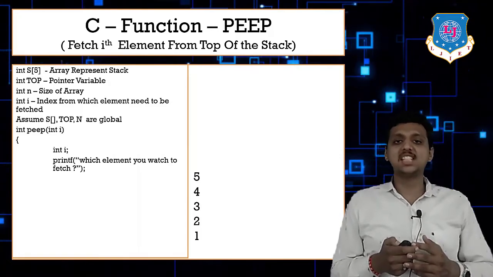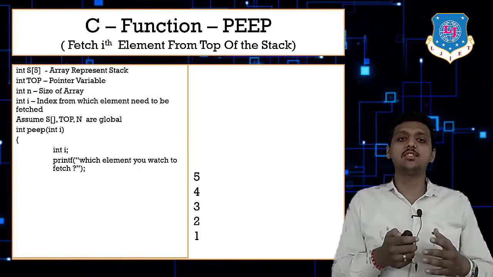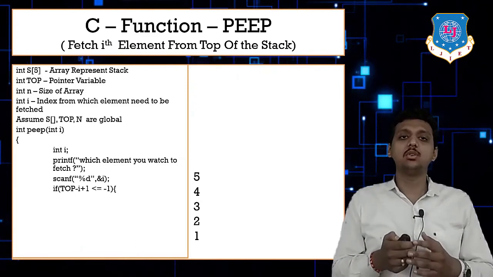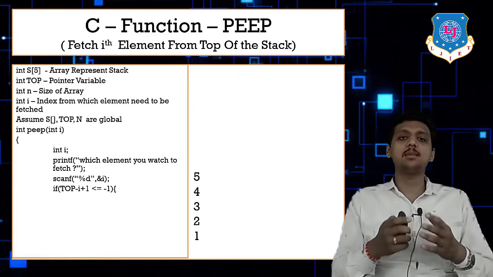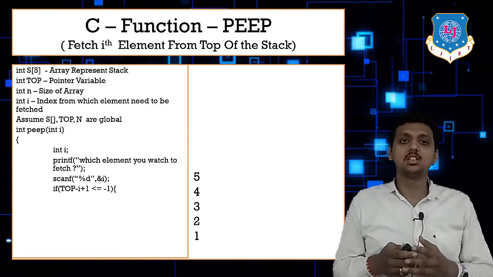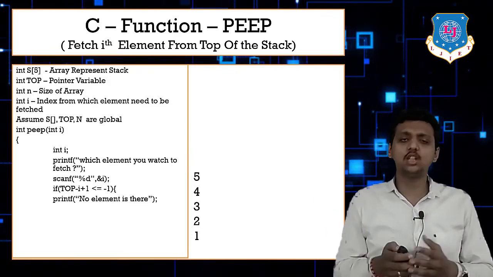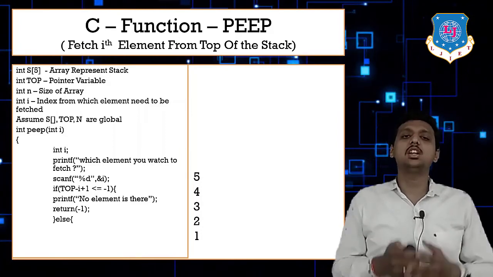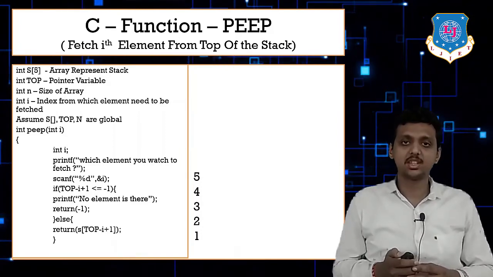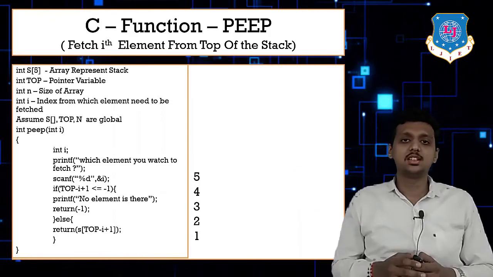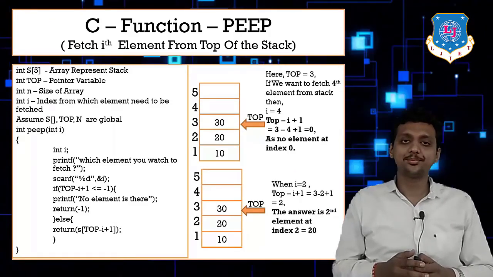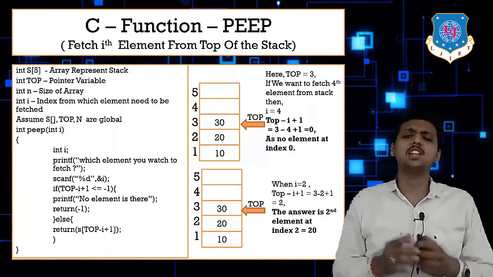If I want to fetch the ith element, then I need to scan the value of I. Now next we have: if top minus I plus 1 is less than or equal to minus 1, then write no elements are there, nothing to fetch; else just return S of top minus I plus 1. That's my answer.